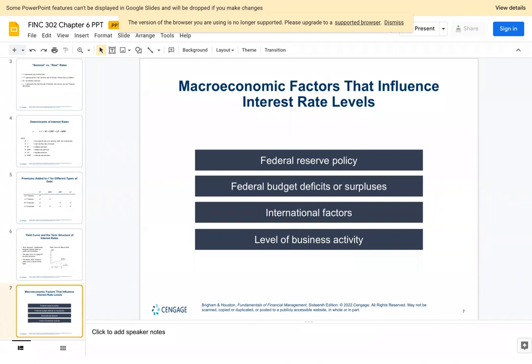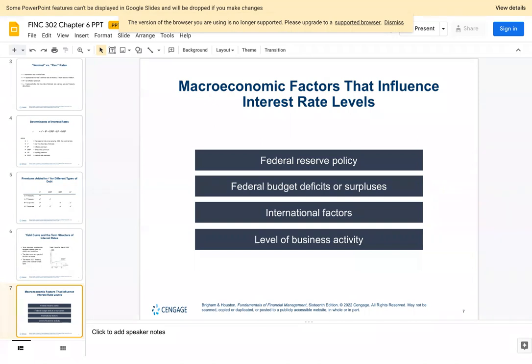When the Federal Reserve sells Treasury securities to the public, it's going to be contracting the money supply. In other words, it's taking money out of the hands of the public. In that case, interest rates go up.